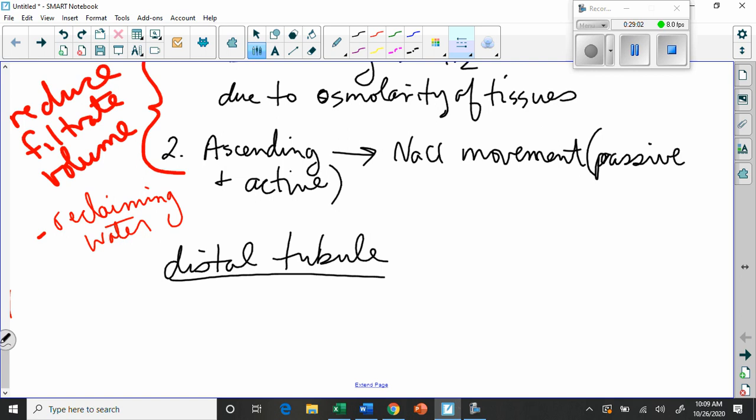Because of all the movements of salts, things might be a little bit out of whack in terms of osmolarity again and so on. So the distal tubule is, again, regulating pH, making sure that after all this in and out of water and salts, the pH is still where it needs to be. And that's essentially the distal tubule's job. And there's some electrolyte balance as well that we said.